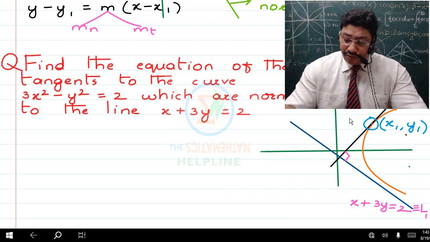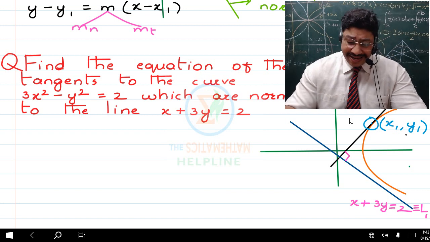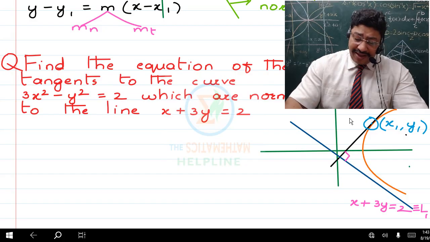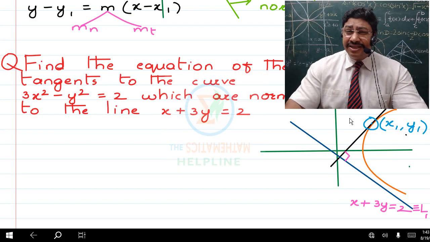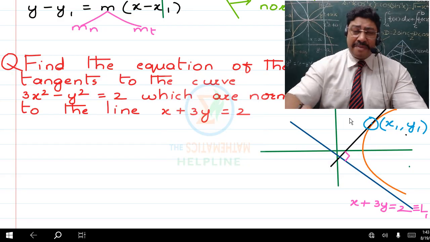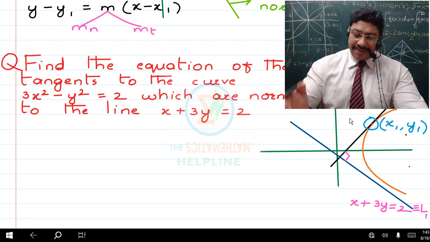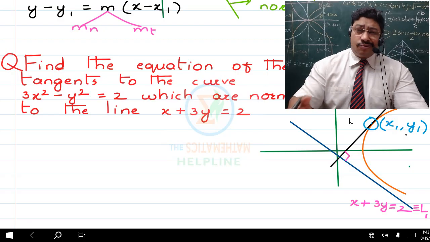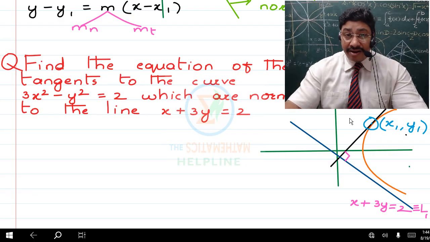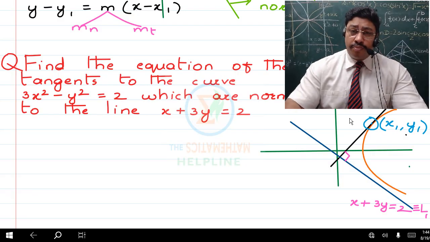And now if you talk about the slope of the straight line, as it is perpendicular to the tangent to the curve, when we find out the slope of the straight line, then minus times its inverse will be the slope of another straight line which is actually parallel to the tangent. And thus, as m1 is equal to m2 for two straight lines which are parallel, that will become the slope of the tangent.